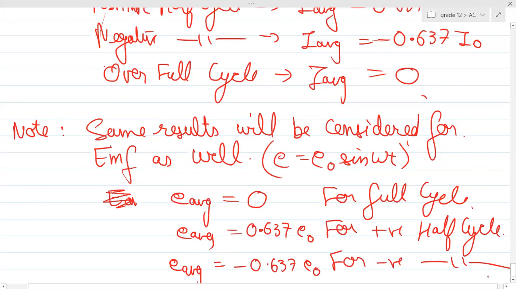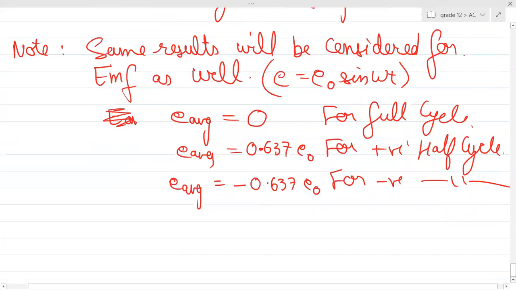So the value of EMF is also this much. Is this clear? There is a very small note over here. This is the note, first point.